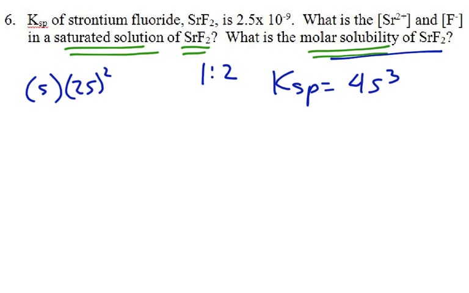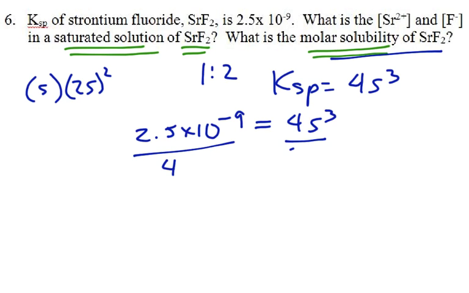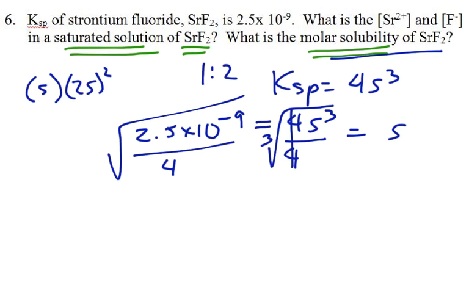So if I know that the Ksp is 2.5 times 10 to the negative 9, and that equals 4s cubed, then all I have to do is a little algebra, divide both sides by 4, and then take the cube root, and for that I'm going to need my calculator, so I'll be right back.